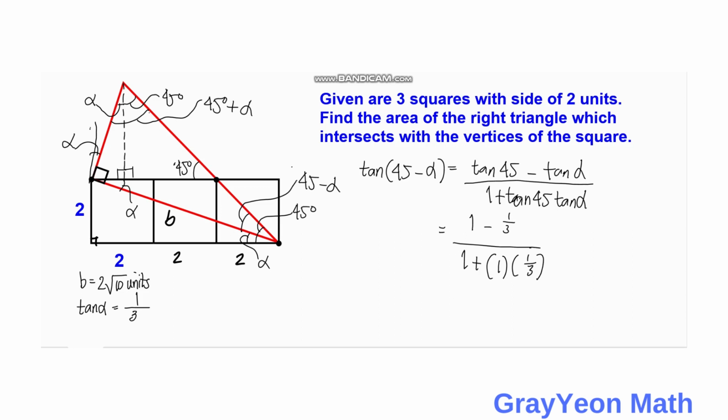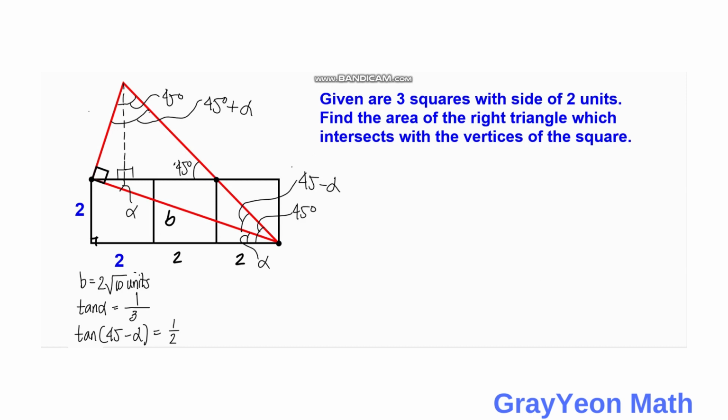On the numerator, this becomes 2/3. And on the denominator, this becomes 4/3. So we cancel the 3, and we have 1/2. Tangent of 45 minus alpha is equal to 1/2.